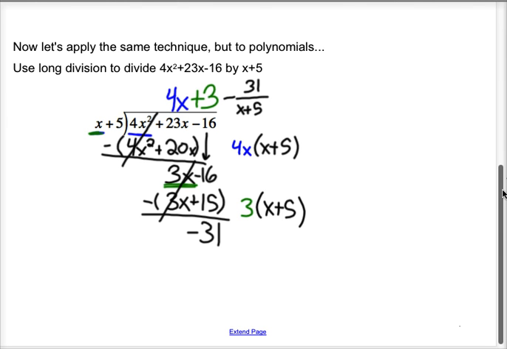So whenever you hit this point, so that you're down to just a number, and you can't pull down any more terms, that becomes your remainder. And so our final answer to this looks like that. 4x plus 3 minus 31 over x plus 5.